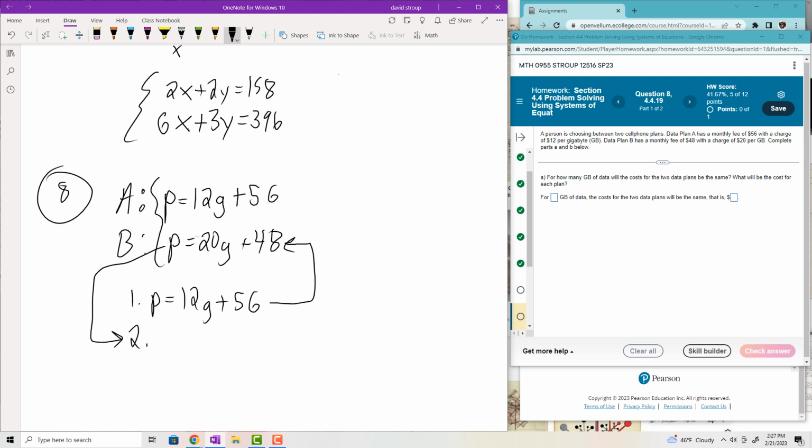So secondly, I'll have 20, so plugging in 12G plus 56, and for P, I'll have 12G plus 56, and then that equals the 20G plus 48. Get all the G's on one side, all the variables on one side.